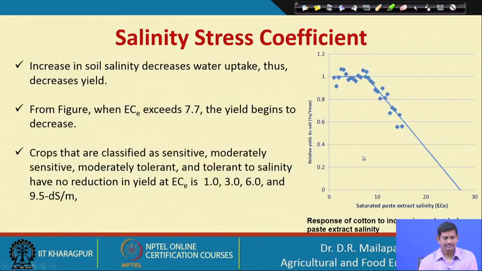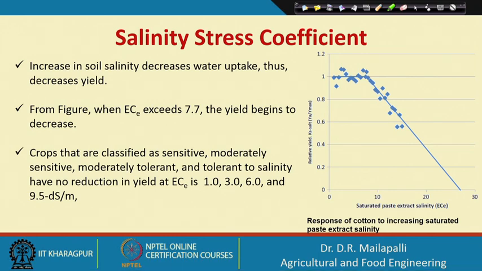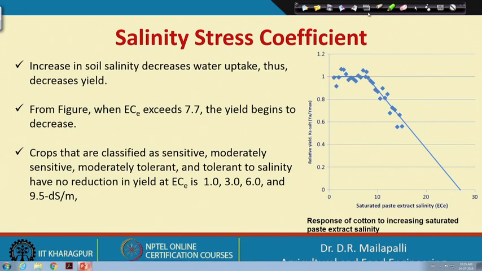The next is salinity stress coefficient. Just similar to your crop coefficient, you have a salinity stress coefficient and a water stress coefficient. So, let us see the salinity stress coefficient. What exactly is it?